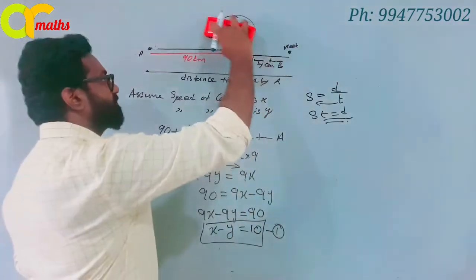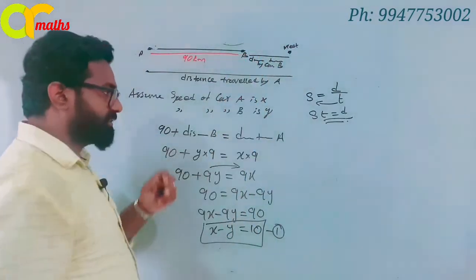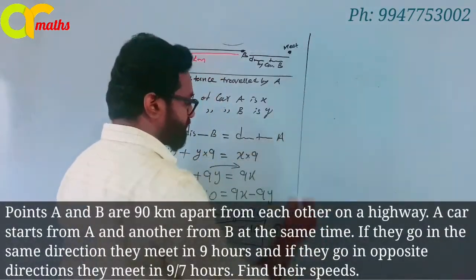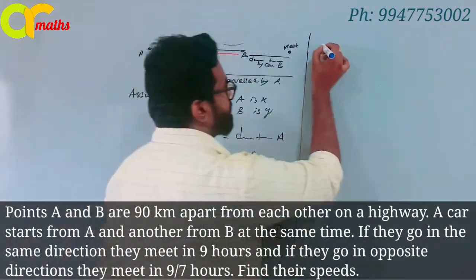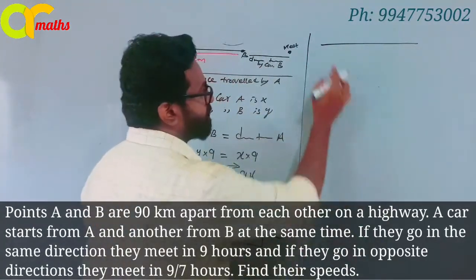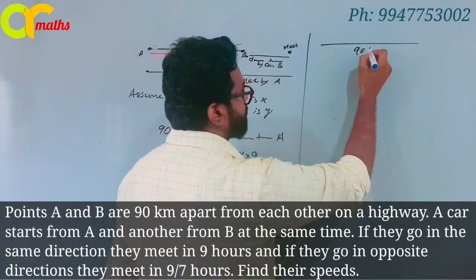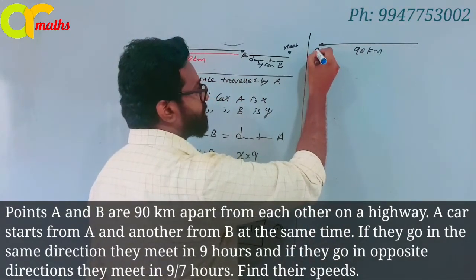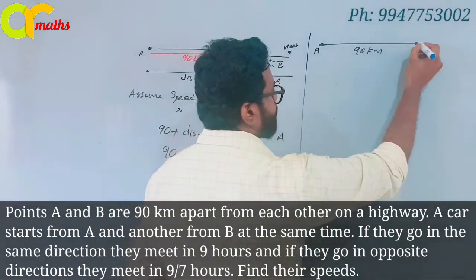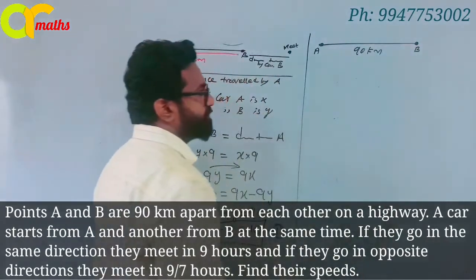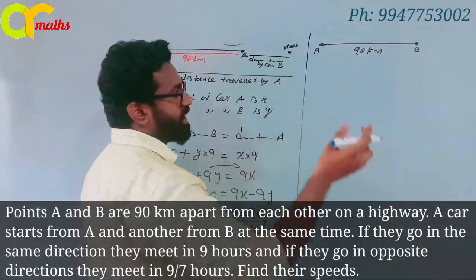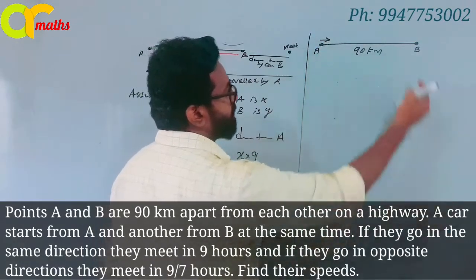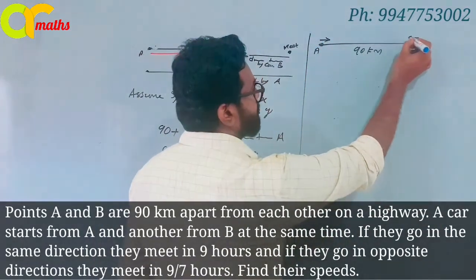Next, what is the next condition? If the two cars travel in opposite directions, we know this distance is 90 kilometers. This is A, this is B. Suppose this car travels in this direction and B in the opposite direction.